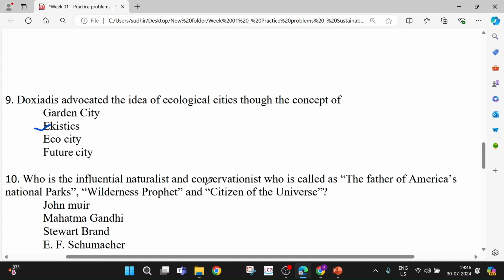So from these, three different questions can also be formed: father of America's national park, or wilderness prophet, or citizen of the universe. So which option is correct? I got three answers from Rina, Matthew, Gayatri, and Divya.